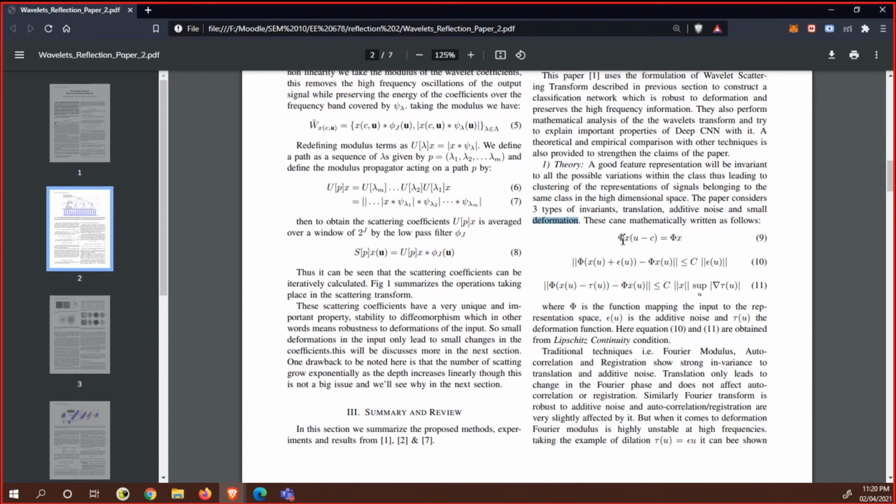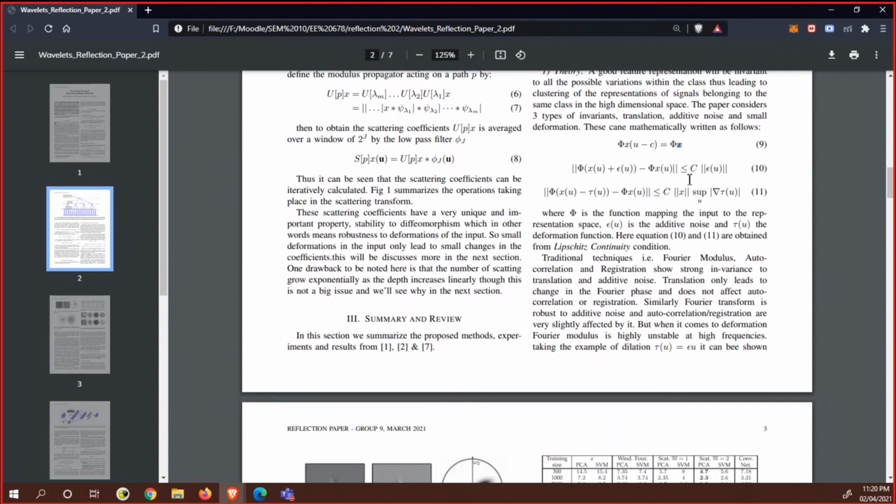These can be mathematically written as follows, where phi is our feature extractor and x is the input. For a good feature extractor, we expect that the difference between the feature of a perturbed input and that of the original input is smaller than a constant times the perturbation itself.